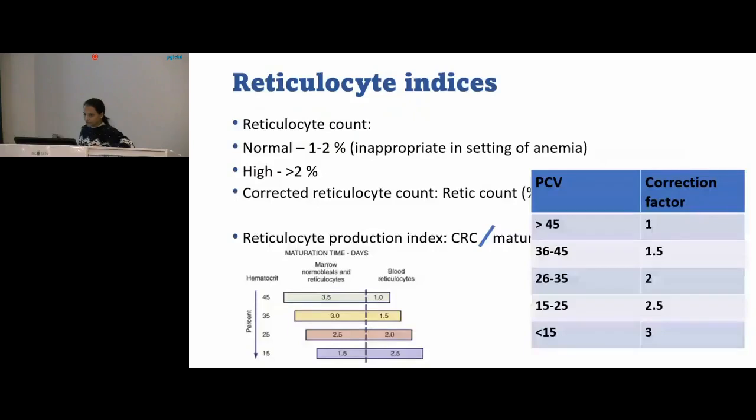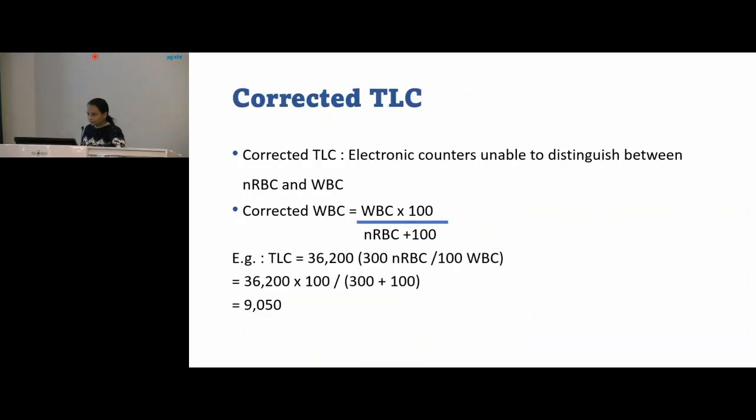That is nothing but the maturation time that is expected in the bone marrow. So it gives a correction for the peripheral blood anemia as well as what is happening in the bone marrow. So the bone marrow picture also comes into place, and based on it you can say more refinedly whether the bone marrow response is appropriate or not to the extent of anemia. So we need to calculate both of them.